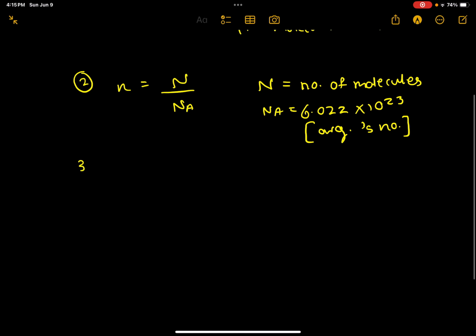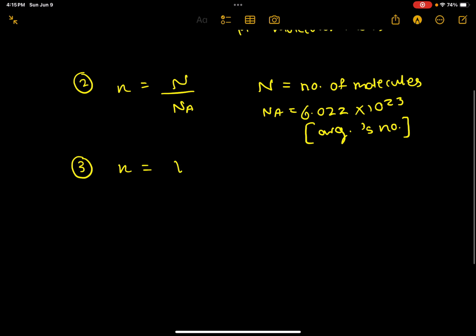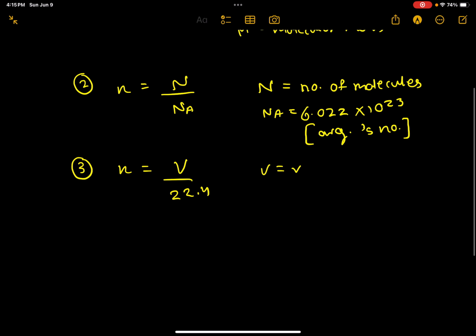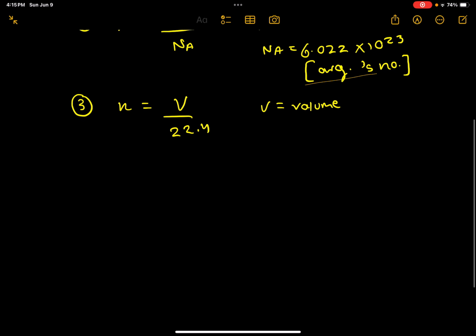The third formula we have is n is equal to V upon 22.4, where V is equal to volume, and 22.4 is because 1 mole of any gas is always 22.4 liter.